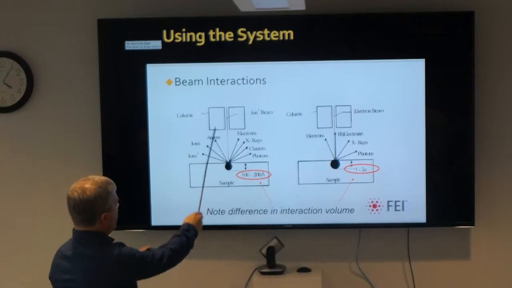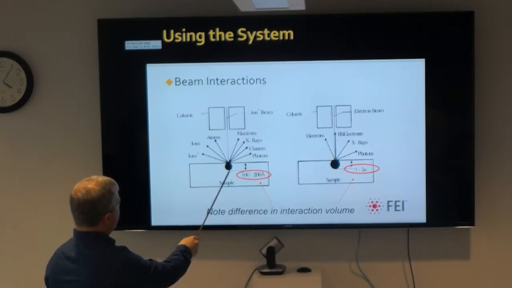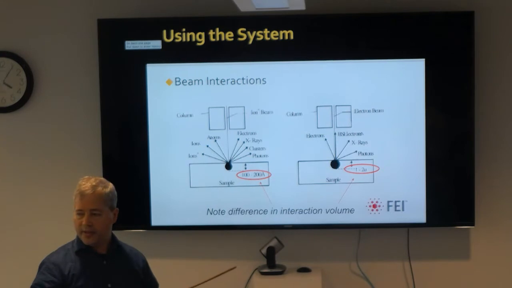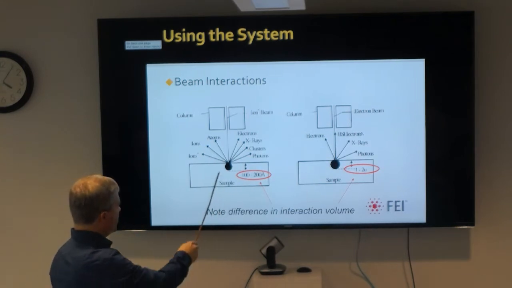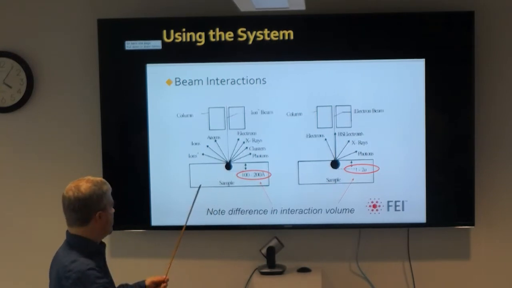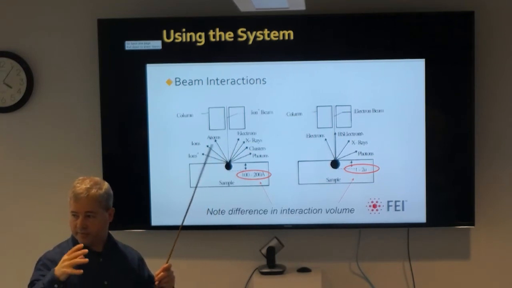When it hits the sample, a lot of stuff can happen. It can get deposited in the sample, or it can sputter off parts of the sample, and that's mostly what we use it for, cutting the sample. It hits it and knocks off a little bit of the sample, releasing clusters. It also releases secondary electrons, so it produces a signal so you can see where it's hitting.